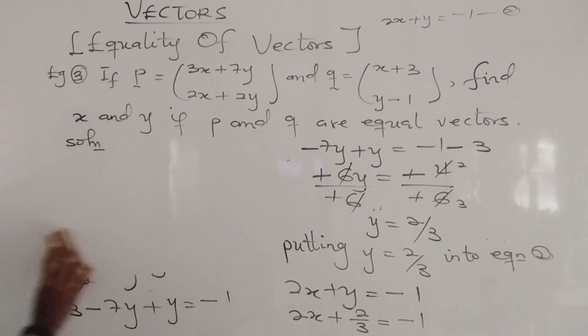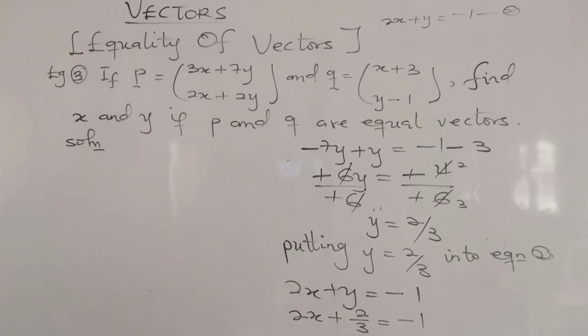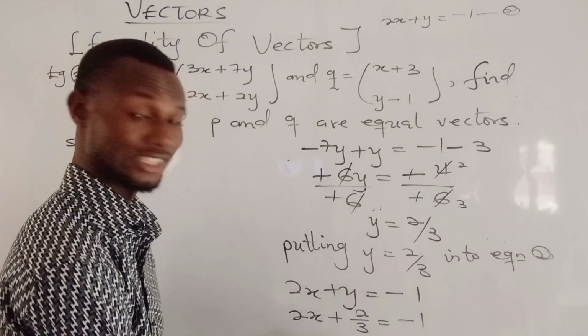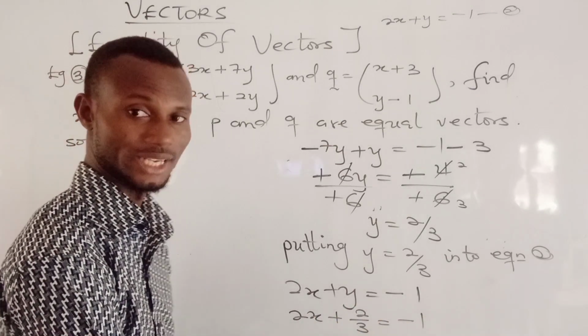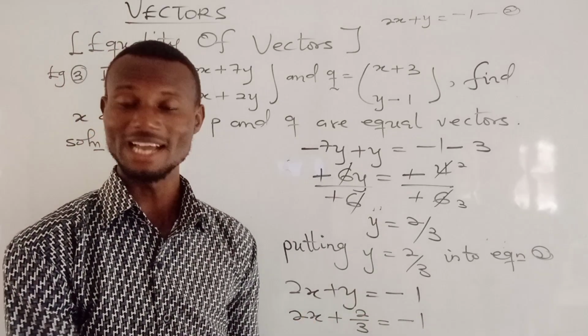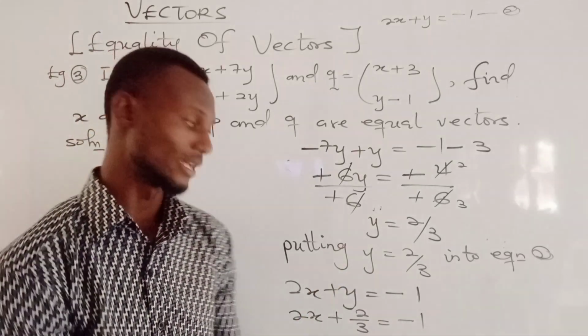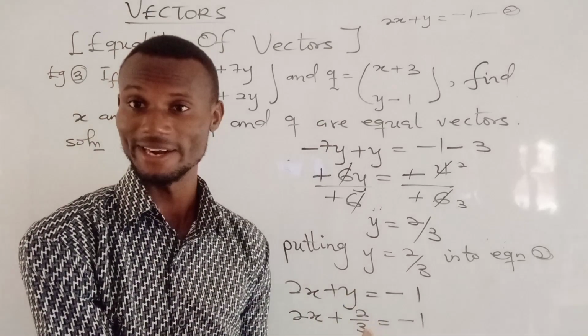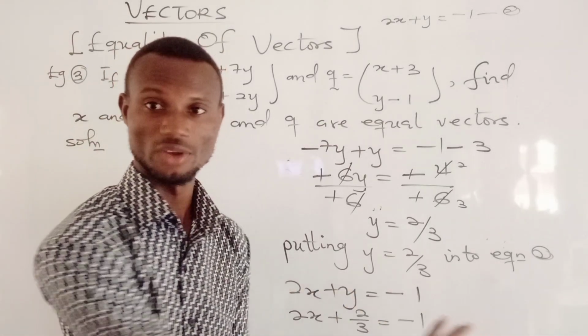I hope you understand up to this point. So I'm going to multiply through this equation by the LCM. The LCM is 3. How do you know the LCM? You just use the values at the denominator to get the LCM. The only value we have at the denominator here is 3, so the LCM is 3. So we are going to multiply through the equation by 3.